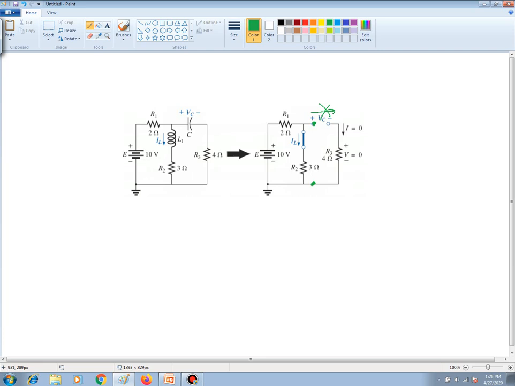So we can measure across here to get our V sub C.